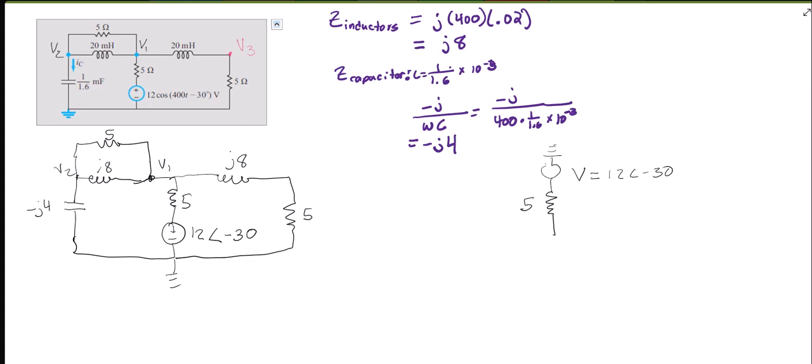And then I have a 5 ohm resistor. And from there, if I look at my circuit, I come up to here and then it splits into two directions. On this direction, I have a 5 ohm resistor and this inductor of J8, and then I have a capacitor of minus J4.